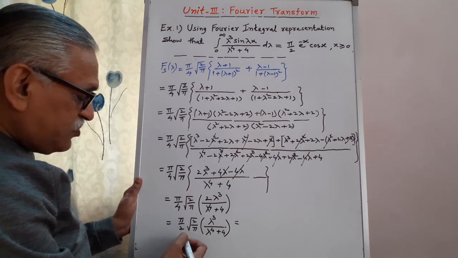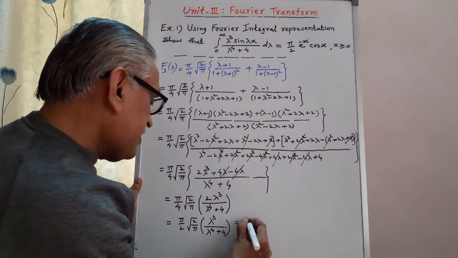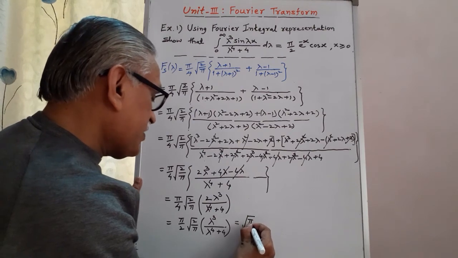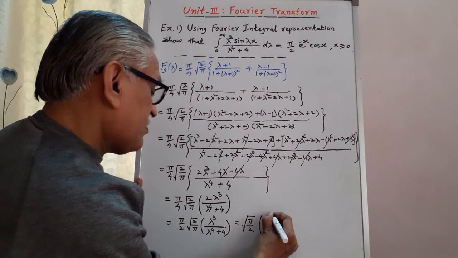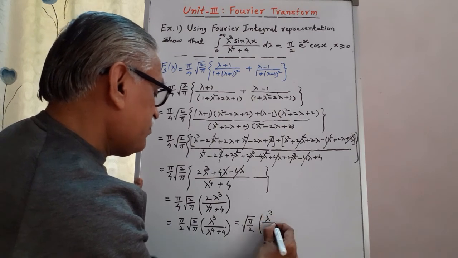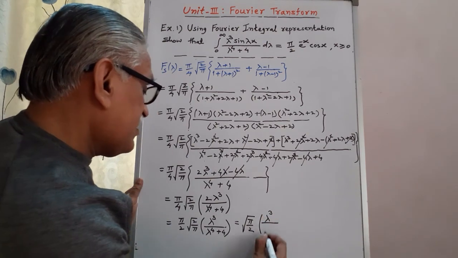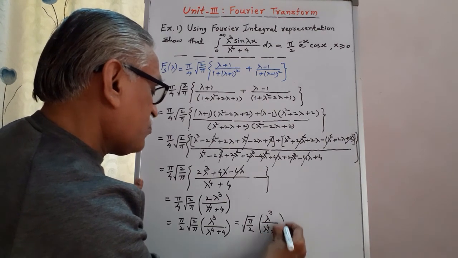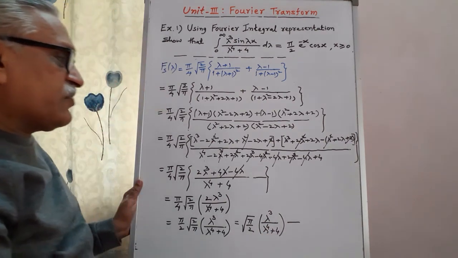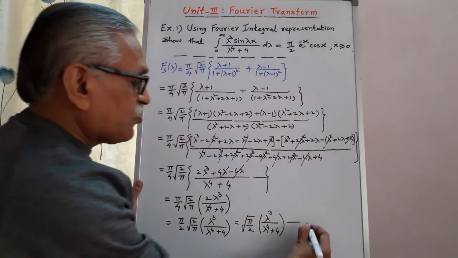One root cancels with this root, and therefore the remaining is root of pi by 2 into lambda cube divided by lambda raised to 4 plus 4. We call this the next equation, the fourth one.